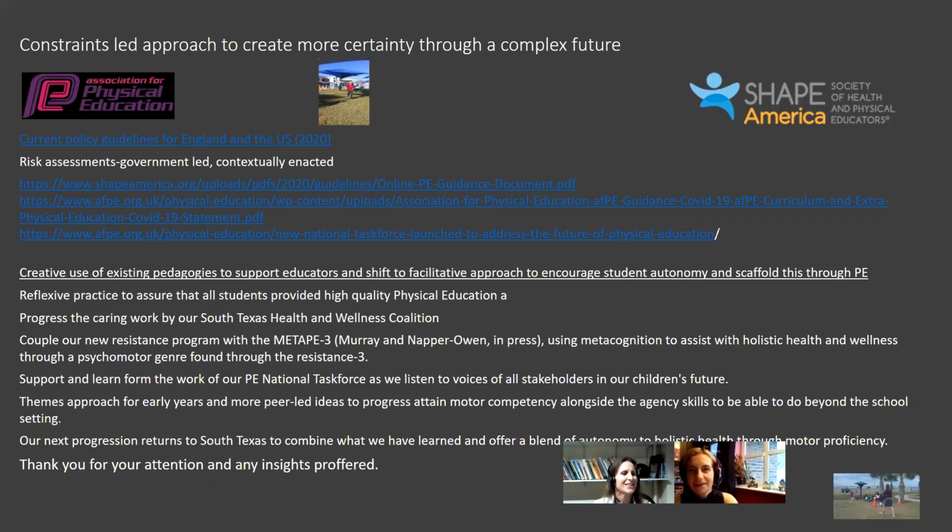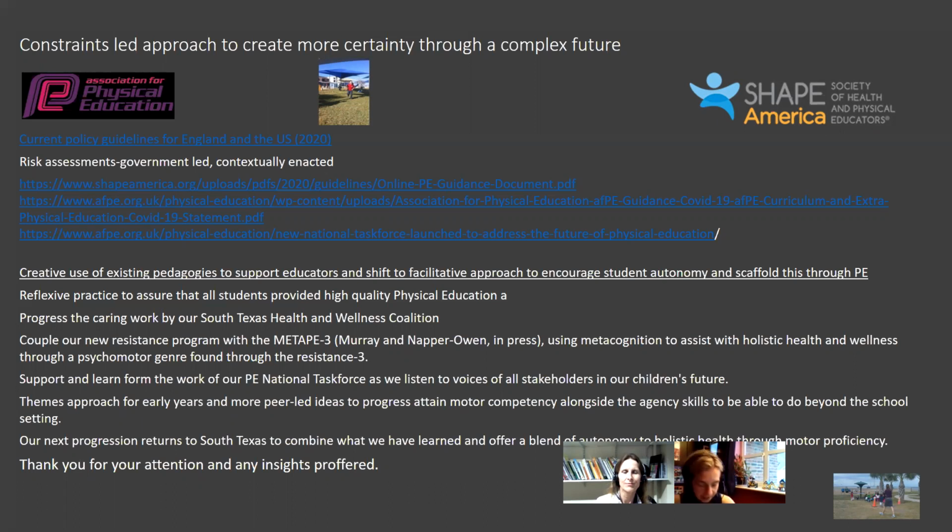So in terms of our next steps and moving forwards, we're going to return to South Texas, where we're going to look in particular at the health and wellness of the children and the fundamental motor competencies through the metacognitive approach that we've learned about from the UK, and look in particular at the early years and the elementary age phase, which we didn't look at previously.